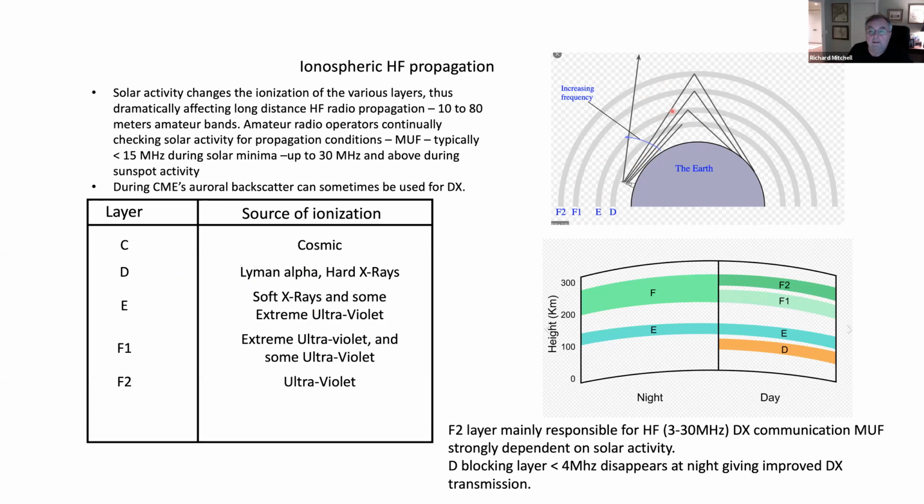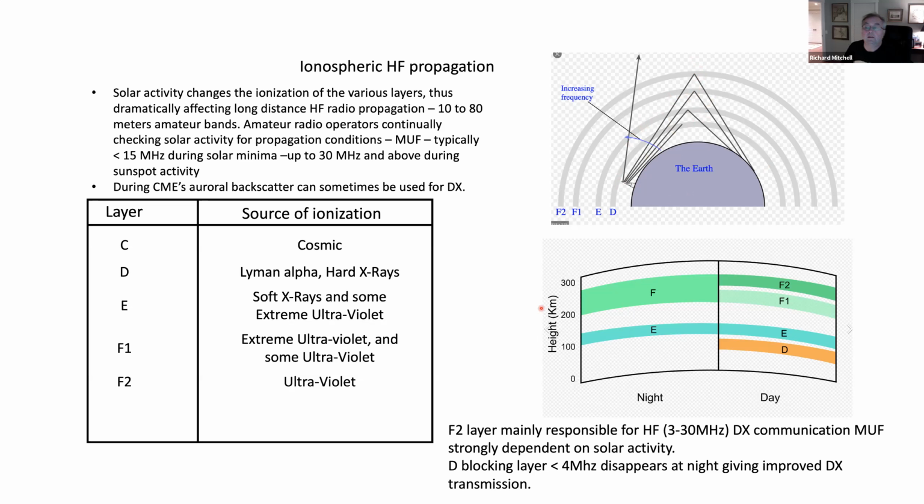There is the F1 and F2 layer, which are very important for high frequency propagation. So if you want to communicate with someone on the other side of the Earth before they had satellites, or if satellites fail for some reason, you need to bounce off the ionosphere.